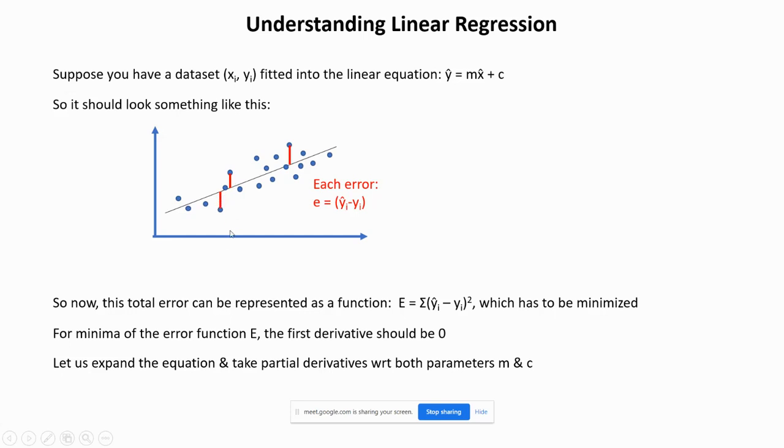So x sixth, i is 6. For x6, you have a y6, which is in your given data set, and you have this y hat 6, which is your predicted linear regression curve's value for x6. Can you follow me? What is y and what is y hat?